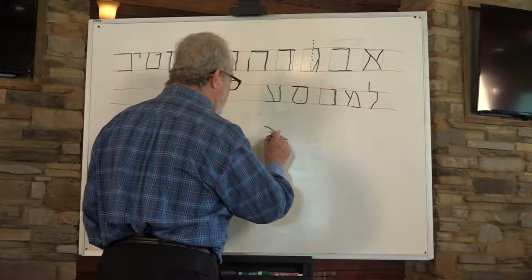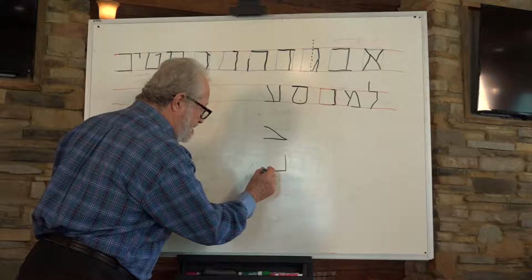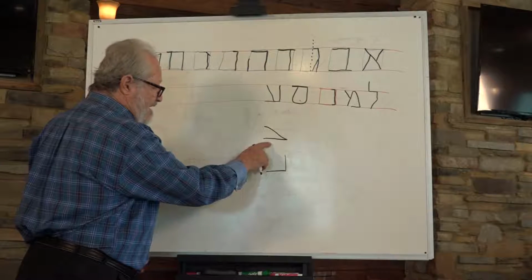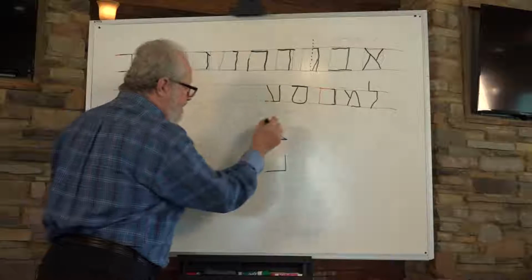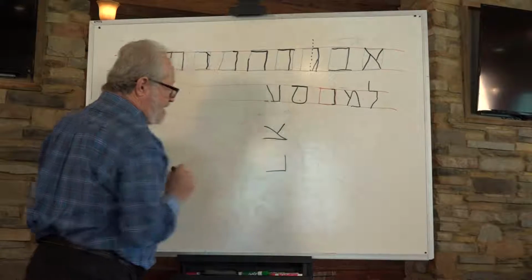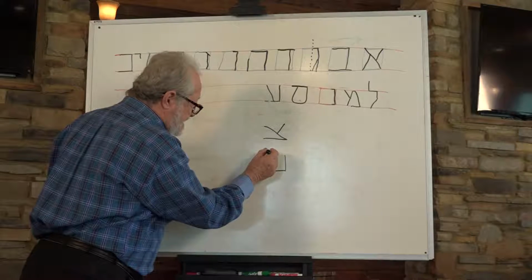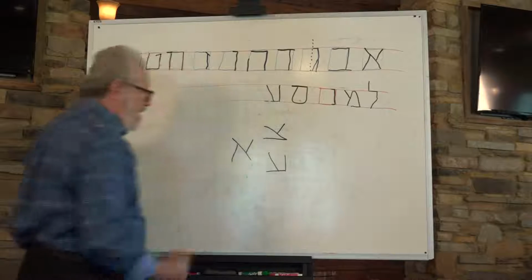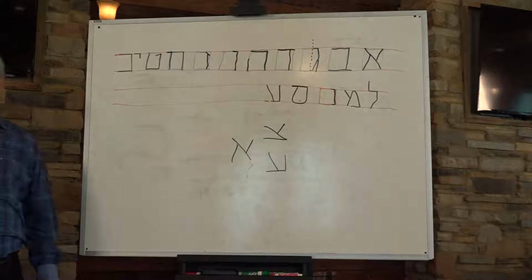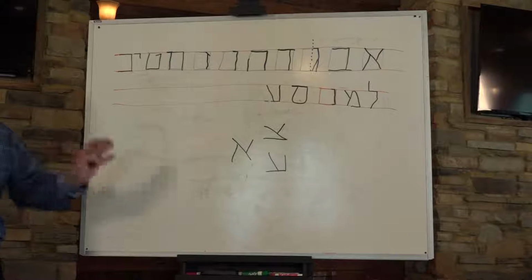Tzaddik starts out as an arrow, not as a box. Tzaddik, ayin. Tzaddik has this line here on its back. The ayin has this line here on its lap. These three right here are what we know as lookalikes. They are trouble. So learn them.